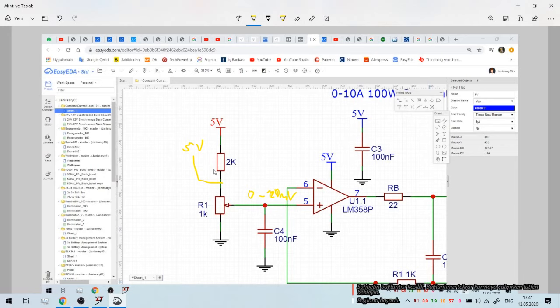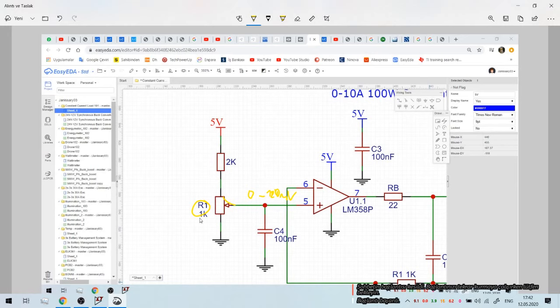Wait something. Yes, 1K. If it goes here, it is 0-volt. Yes, if it goes here, it will give us 0-volt. And if it goes here, this will be 1K.